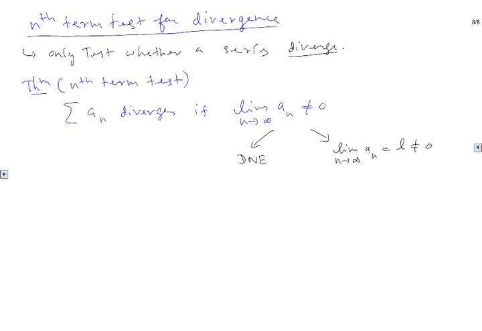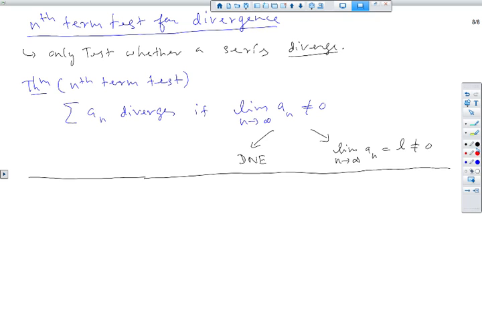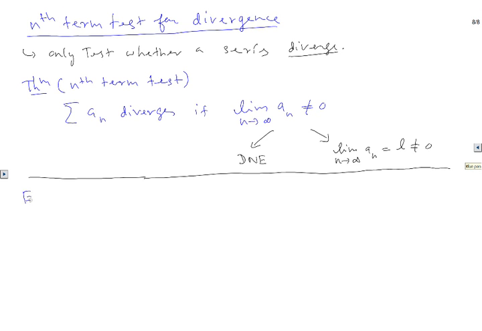So those are the two ways that this can happen. Let's try to look at some examples. Example number 1 is the sum from n equals 1 to infinity of 2n over 3n plus 5.